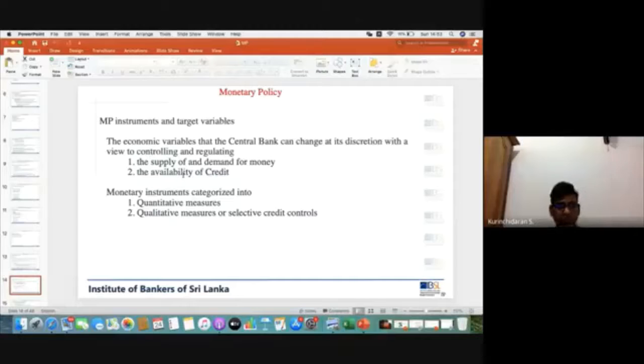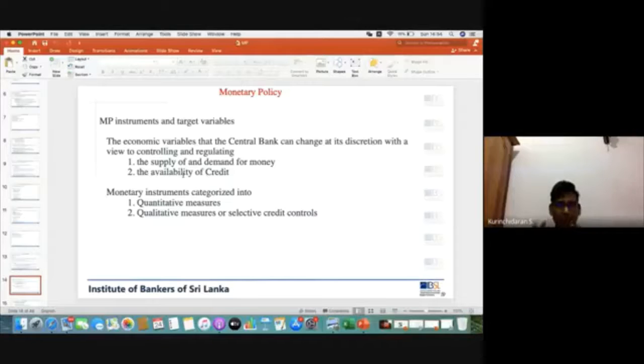In other words, the central bank wants to have low and stable inflation. When I say price level, I mean the changes in the price level. Continuous changes in the general price level, we call inflation. So the central bank always wants low and stable inflation. This price level can be controlled through money supply and available credit.